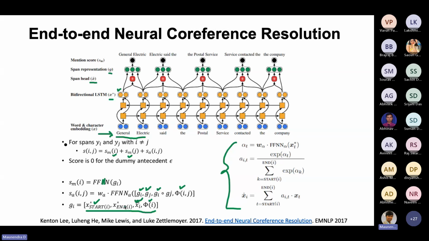Sometimes what happens is that the span representation is for the entire thing, but the starting and end parts also sometimes play an important role in determining other things. That was the motivation due to which they have it. I don't think they have reported the experiments where they do not have X star start i and X star end i. But because attention will anyway capture all that information, right? I was curious about that. Okay, thanks.